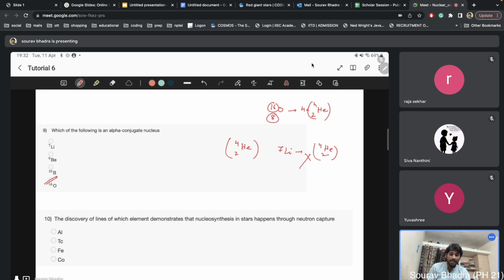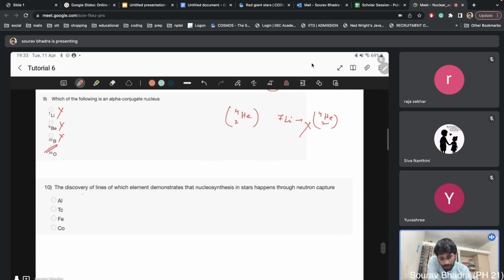If it was 8, then you can write 2 into 4 to give you 8. So 8 beryllium is a conjugate of helium, but not 7Li, and all the other elements are not. You can check that only 16O is a conjugate of the alpha nuclei.